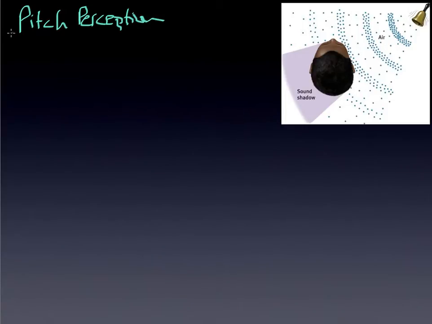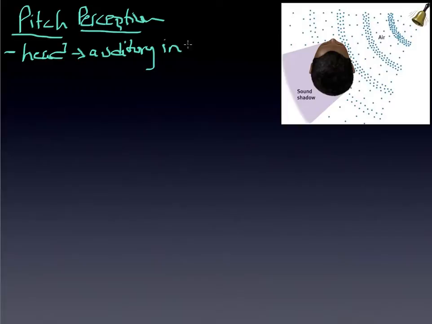And a lot of it, as you can see from this diagram, is that some people might say somebody is thick-headed, and our heads actually are an object that sound waves bump into, and essentially the positioning of our head positions our auditory system to process information depending on what we're trying to hear.